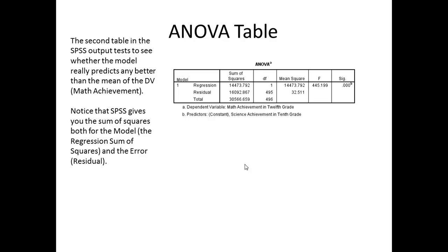You'll notice that SPSS gives you the sum of squares both for the model and the error. In this example, we have a large F, so that's a pretty good model, and it is significant. In other words, there's a big difference between the model and the error, and we want it to be that way. This means our regression line is good.